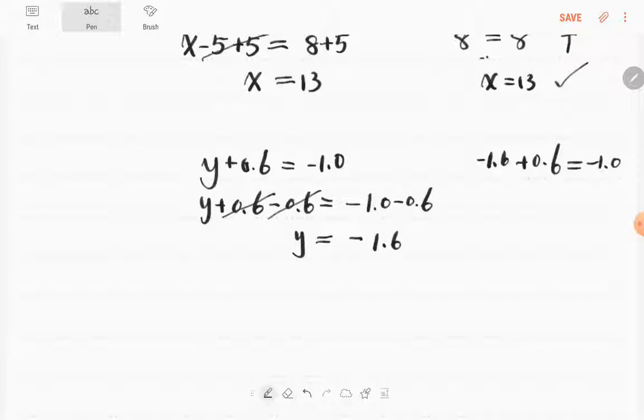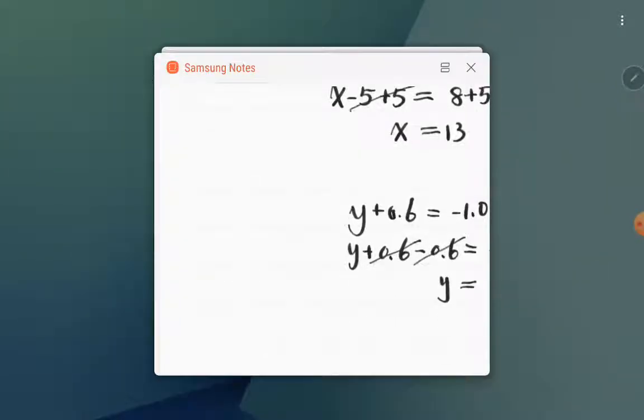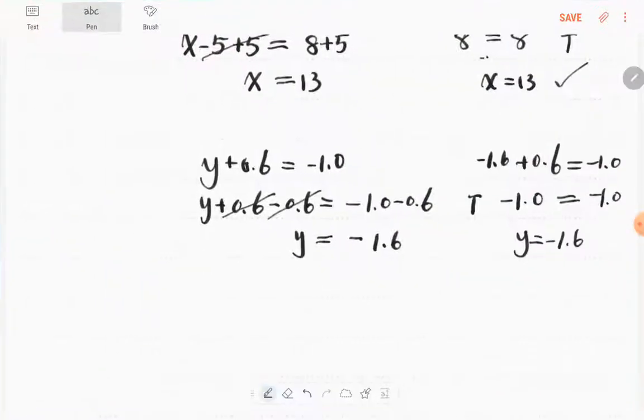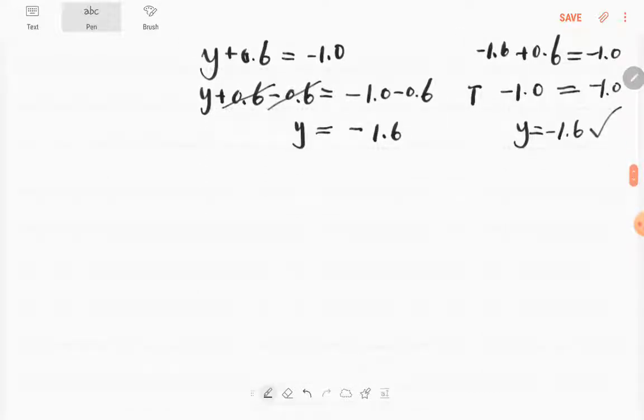Negative 1.6 plus 0.6, so we already know it's negative 1.0. We check if this statement is true. We got left side equals right side. So it's true. We confirm y equals negative 1.6. Yes, it is our solution.